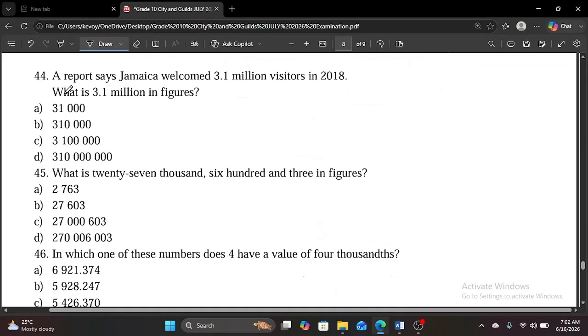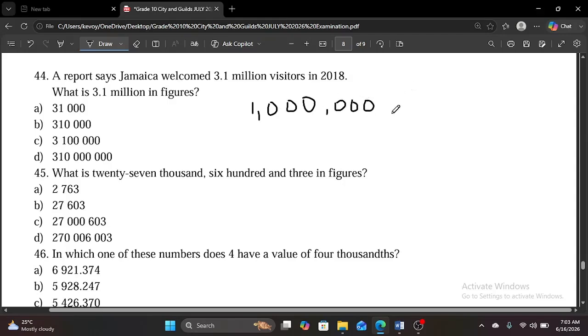So question 44. Our report says Jamaica welcomed 3.1 million visitors in 2018. What is 3.1 million in figures? So $1,000,000 has to be a digit that comes after 6 zeros. So million is a seven-figure amount.